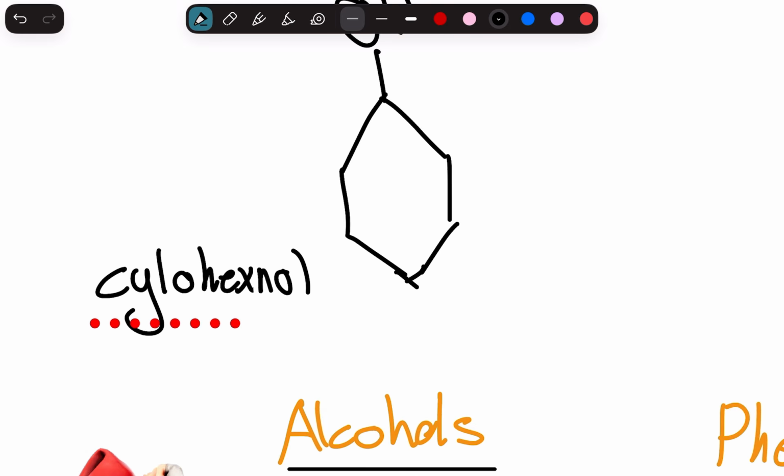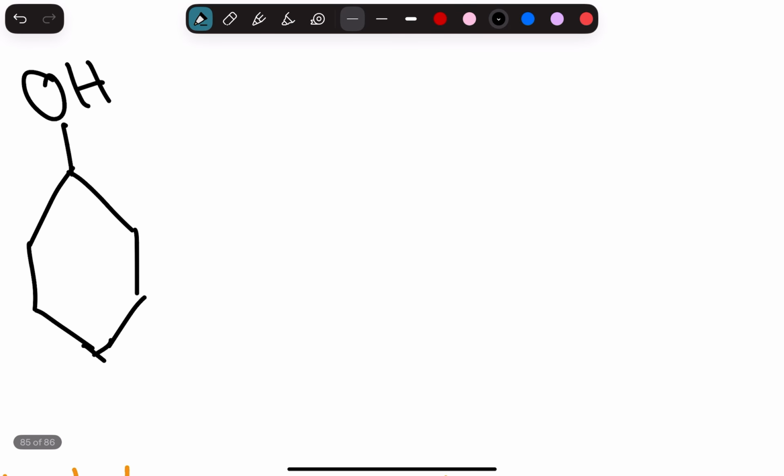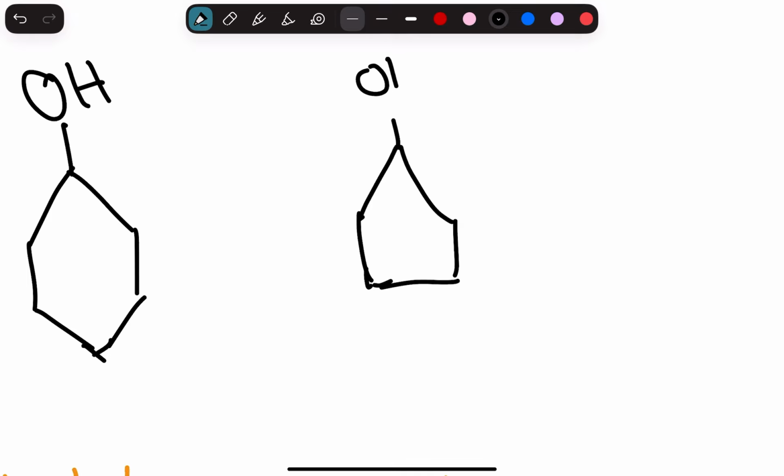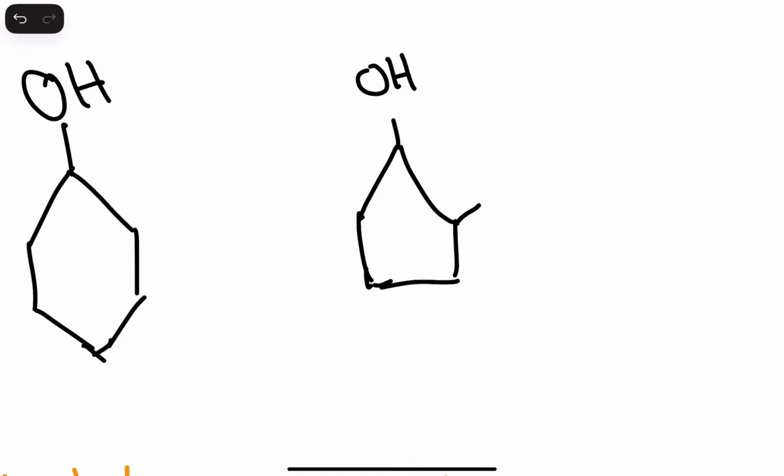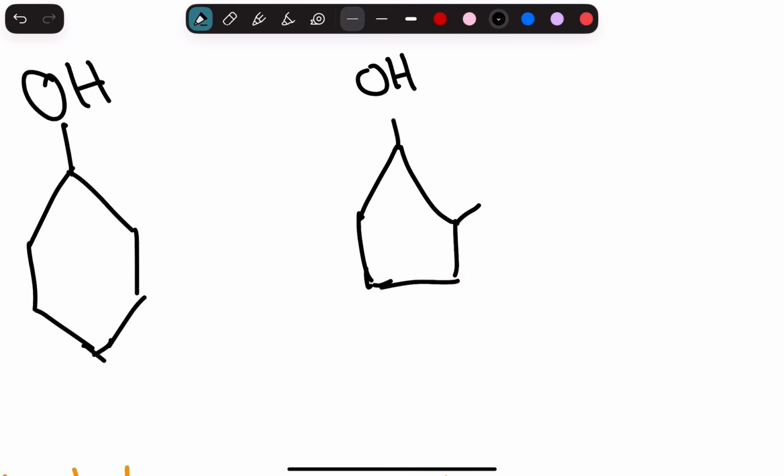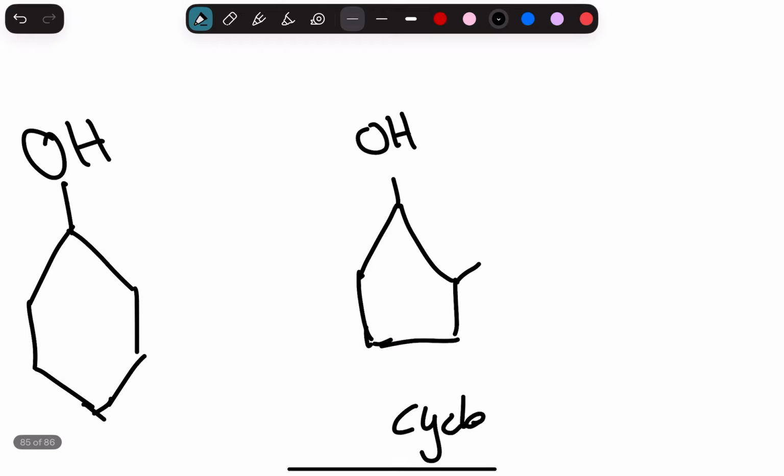Now, what if we have something like this? So, what would this be called? So we'll start by counting how many carbon atoms we have. So we have 1, 2, 3, 4, 5. So we know that this is going to use the pent prefix, and it is a cyclic compound, so it would be cyclo.